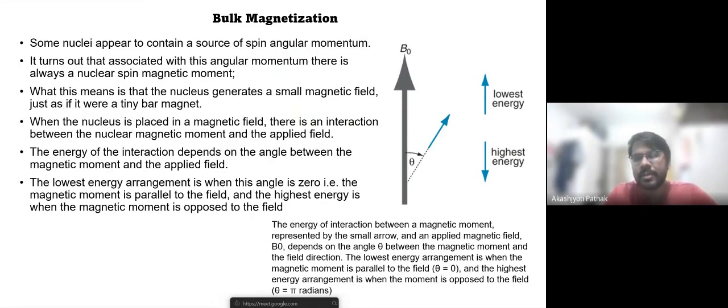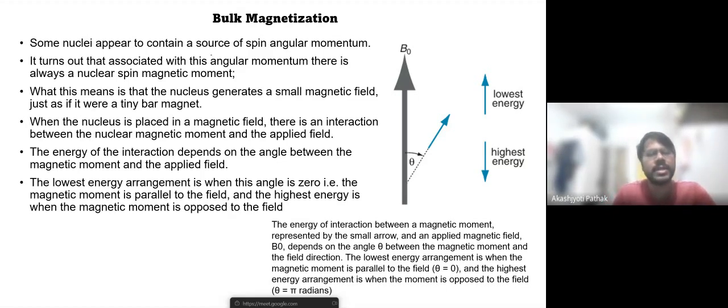Because they are randomly oriented, the components in the XY direction cancel each other out, and what you are left with is the components in the Z direction. When you sum up all these small local magnetic fields in the Z direction, the term that you get is called the bulk magnetization. So this bulk magnetization has a resultant direction along the Z axis.